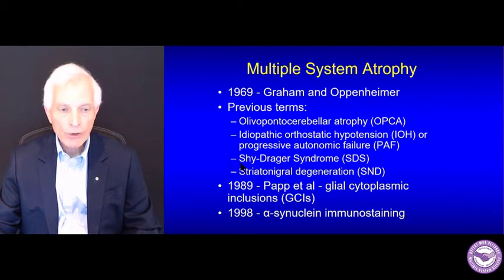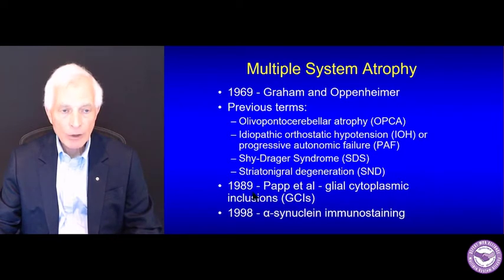A disorder that was described at the Mayo Clinic by Shy and Drager, the Shy-Drager syndrome, and a disorder called striatonigral degeneration. So these disorders were all thought to be different until 1969, when Graham and Oppenheimer recognized similarities in their pathology and proposed that these be considered the same disorder, all variants of the same disorder.